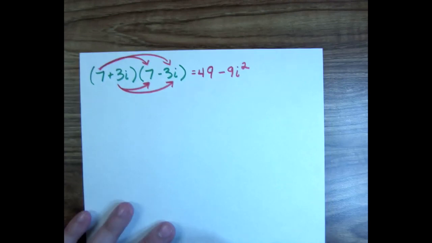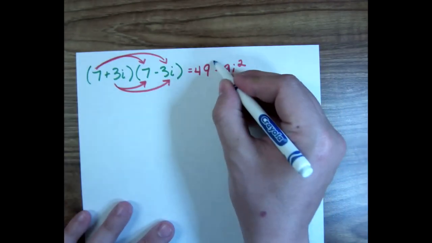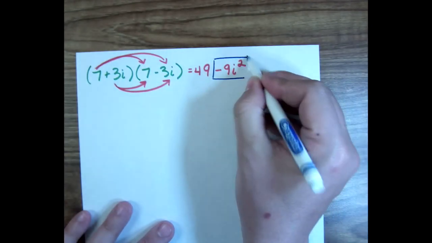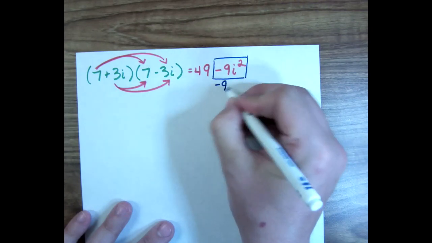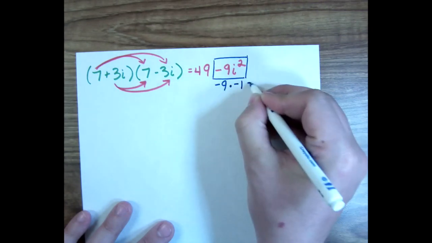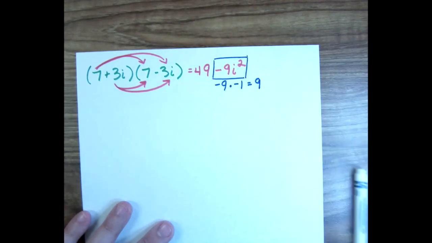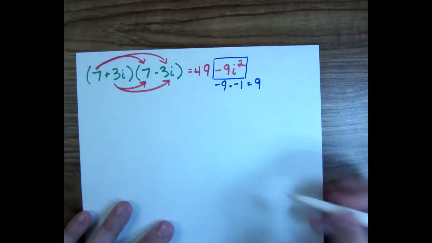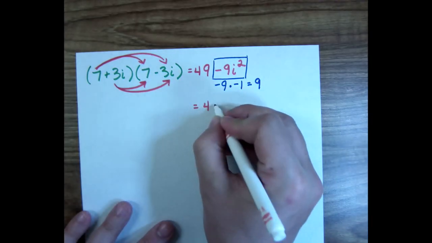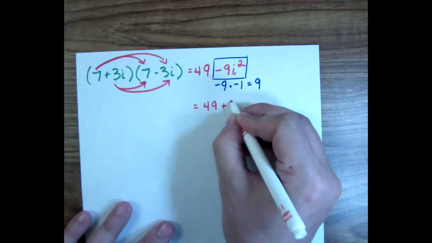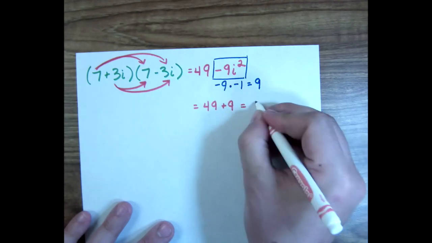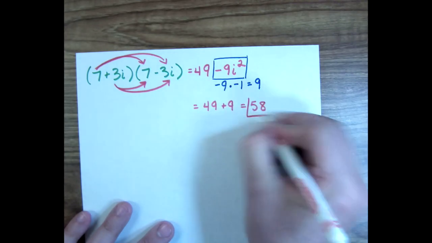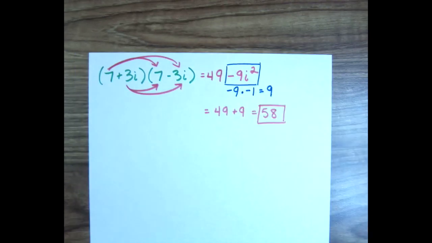That's really handy because 9i squared is a number. This is negative 9 times negative 1, which is positive 9. So what I have here is 49 plus 9, also known as 58. And that's it. That's pretty nice. I didn't even have any i's in my answer.